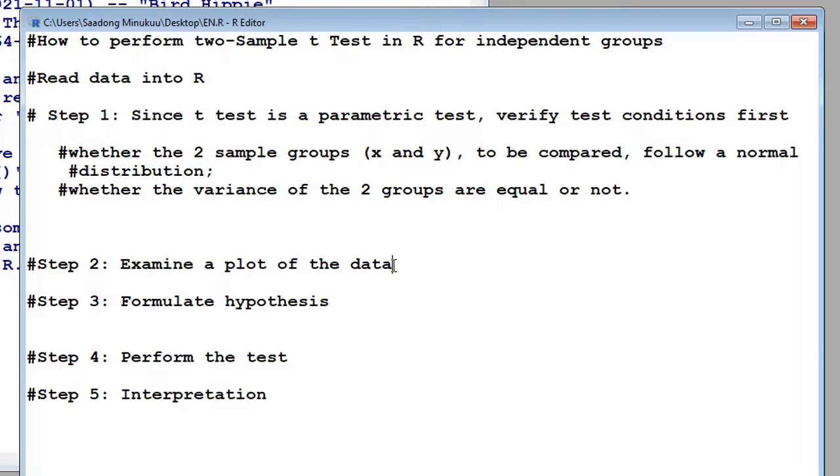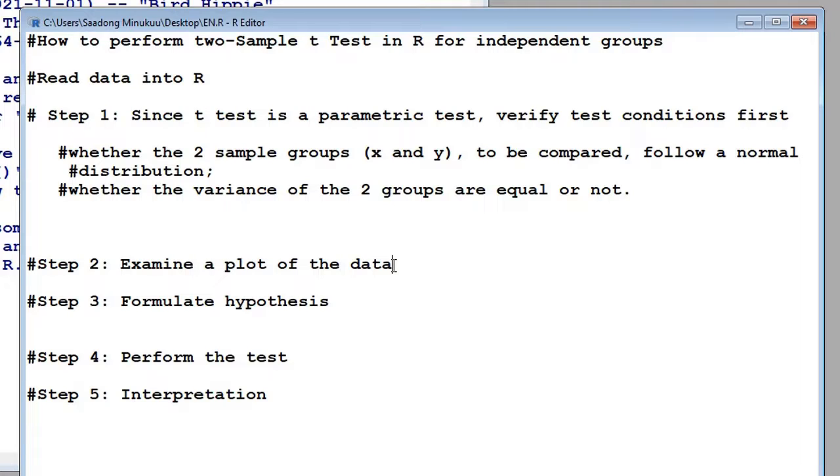Then the best way to represent the distribution of a quantitative, or numeric, variable is often with a box plot.